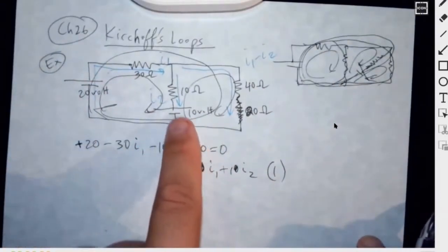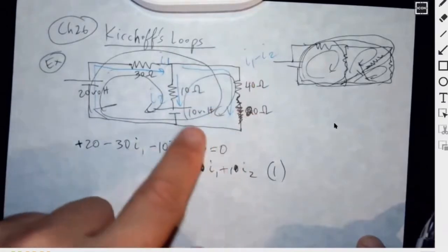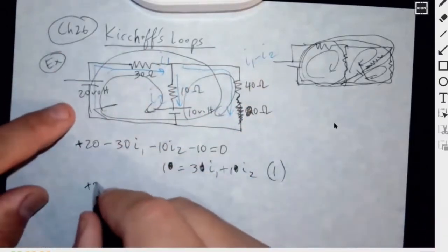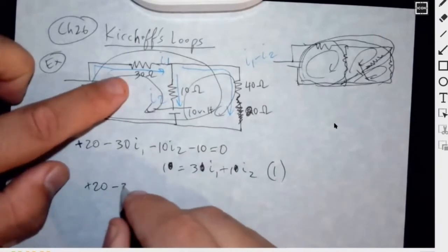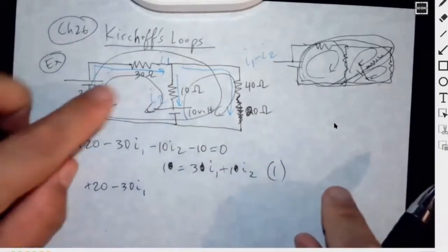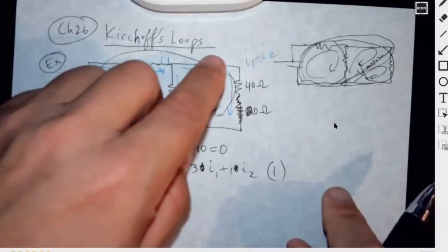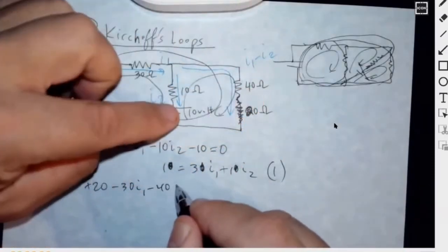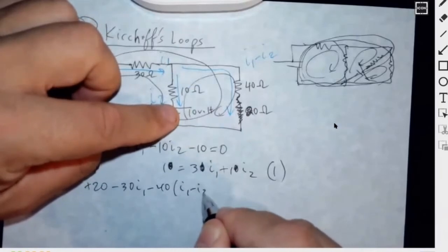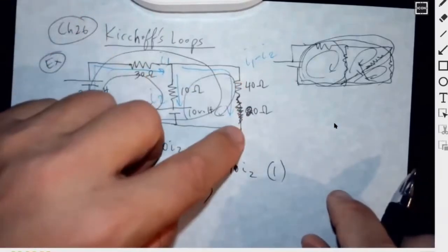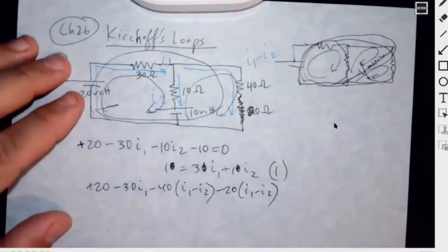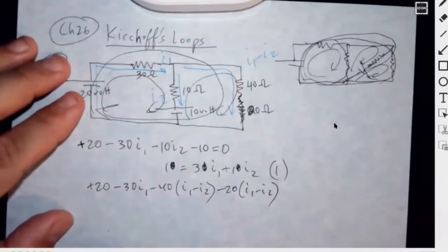Or you could do this one, right, for the second loop. So if I do this one, I'm going to do 20 minus 30 I1. You go this way. Then you go this way, minus 40 (I1 minus I2), and then minus 20 (I1 minus I2), right?